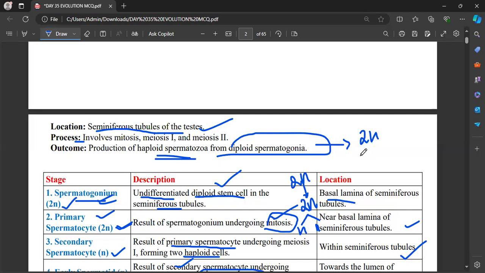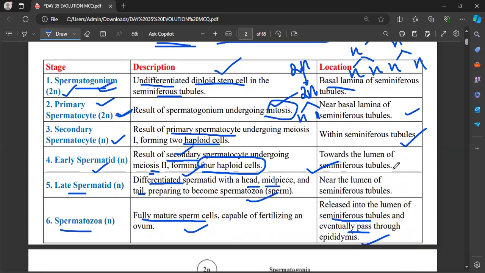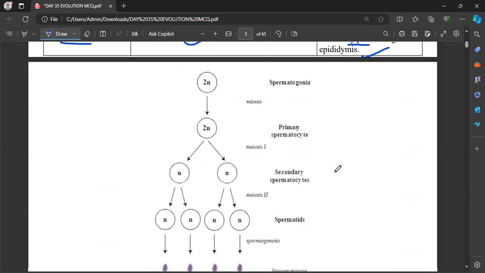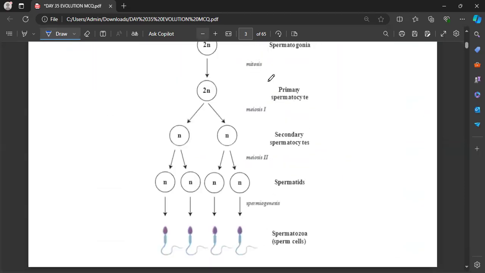Then it undergoes meiosis I and gives rise to two secondary spermatocytes. Once again it undergoes meiosis II and gives rise to four haploid spermatids, and each one gives rise to an individual sperm. That's all about the process of spermatogenesis.